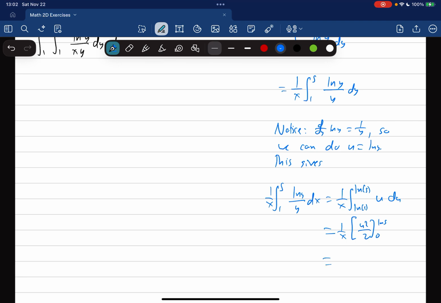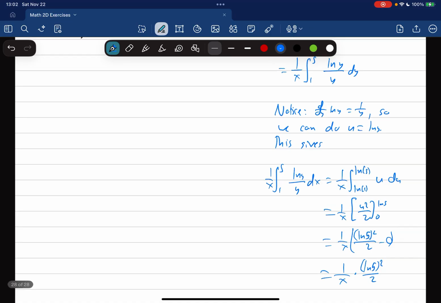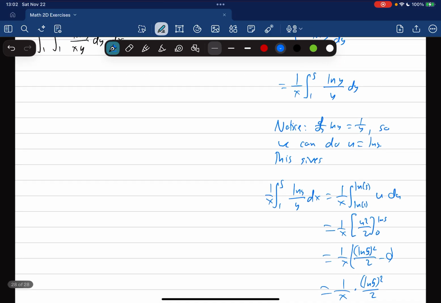And so what we get is 1 over x times ln 5 squared over 2. And then, well, when we plug in 0, that just becomes 0. And our final answer is 1 over x times ln 5 squared all over 2. And this is what we would plug in to the inner integral here.